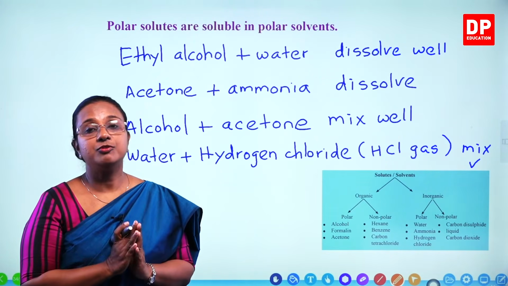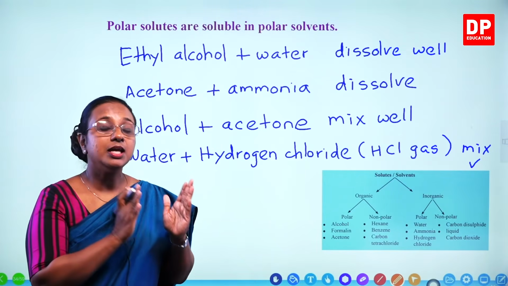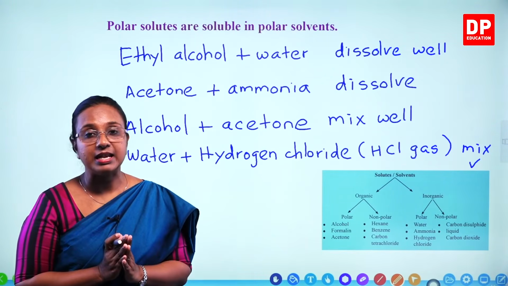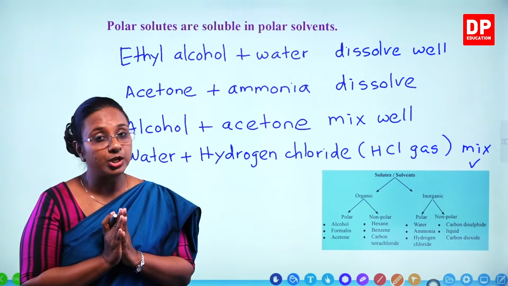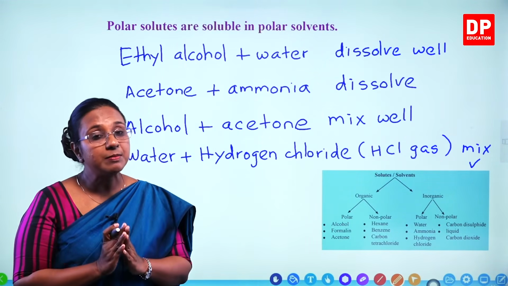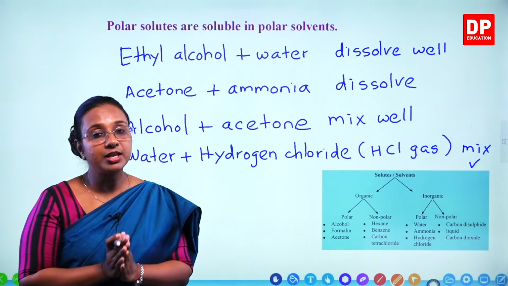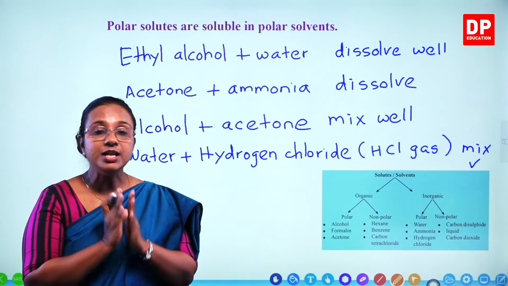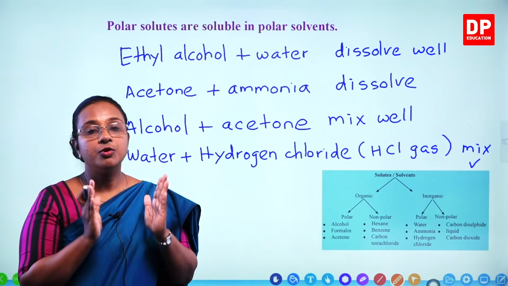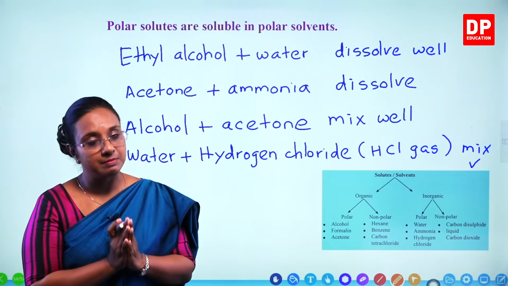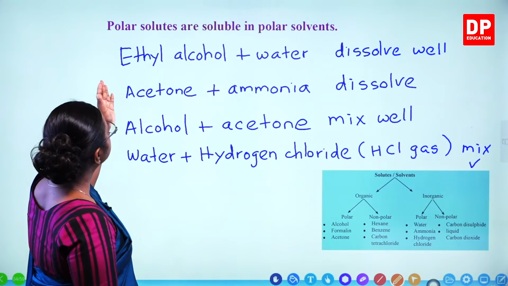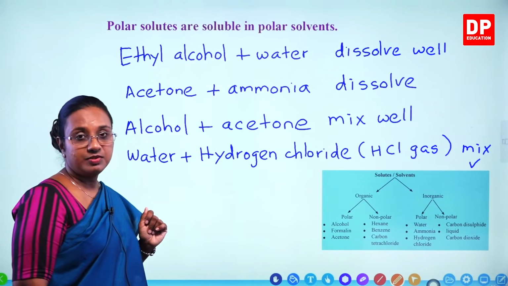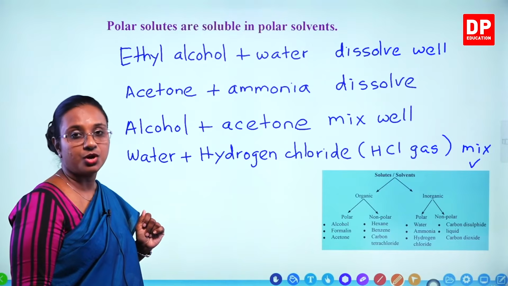You don't have to worry about the inorganic or organic nature of the substance when it comes to solubility. You have to remember whether they are organic or inorganic, but when you consider solubility, only the polar nature matters. So these are all examples for polar solutes which dissolve in polar solvents.